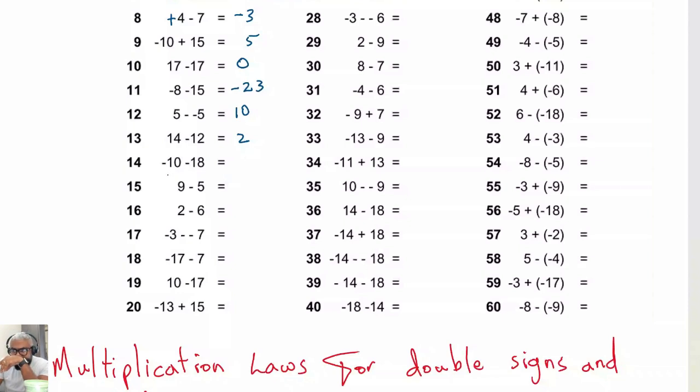Number 14. The two signs are the same. So what do we need to do? 28, sir. Positive or negative 28? Negative 28, sir. How? We keep the sign in front of which number? 28, yes. The two signs are the same, so you have to add.